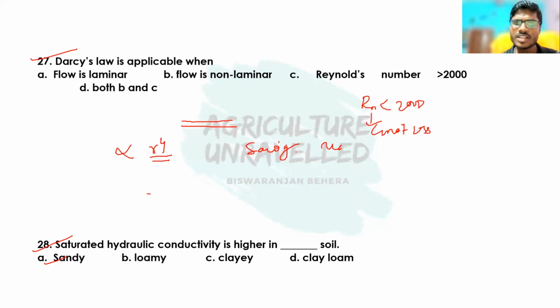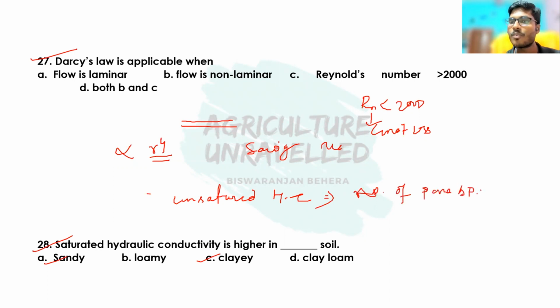But in case of unsaturated hydraulic conductivity, the hydraulic conductivity is more in case of clay soil, because unsaturated hydraulic conductivity depends on the number of pore space. And we know that the number of pore space is more in case of clay soil as compared to sandy soil.